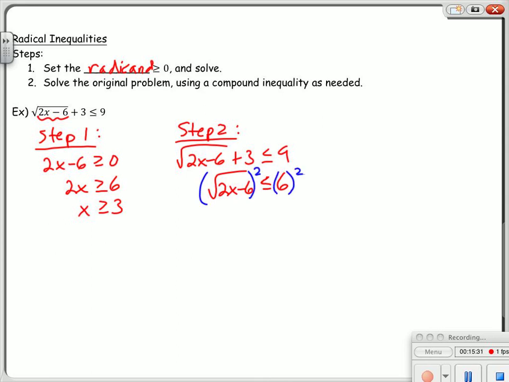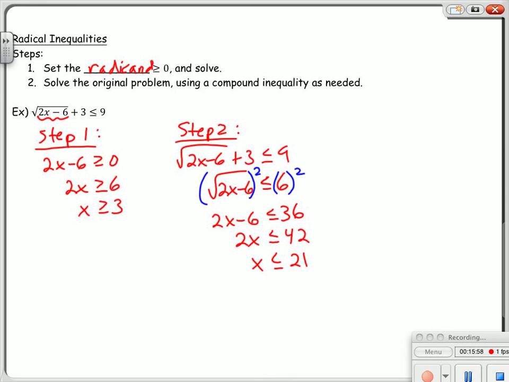We square both sides. No need to change the direction of the inequality, we're not multiplying or dividing both sides by a negative. We get the radicand 2x minus 6 on the left, and that's less than or equal to 36 on the right. Add 6. 2x is less than or equal to 42. Divide by 2. x is less than or equal to 21.